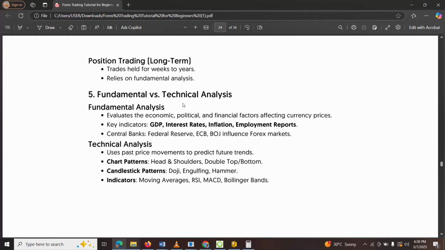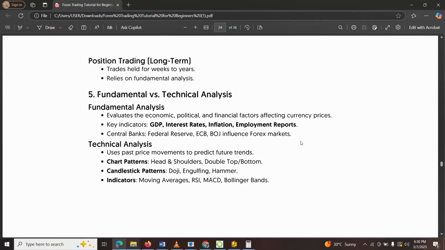Then we go to fundamental and technical analysis. So like I said, if you are not able to exactly tell what is technical analysis or fundamental analysis, maybe from this explanation, you may let me know via the comment section. For the fundamental analysis, this one evaluates the economic, political, and financial factors affecting the currency prices.